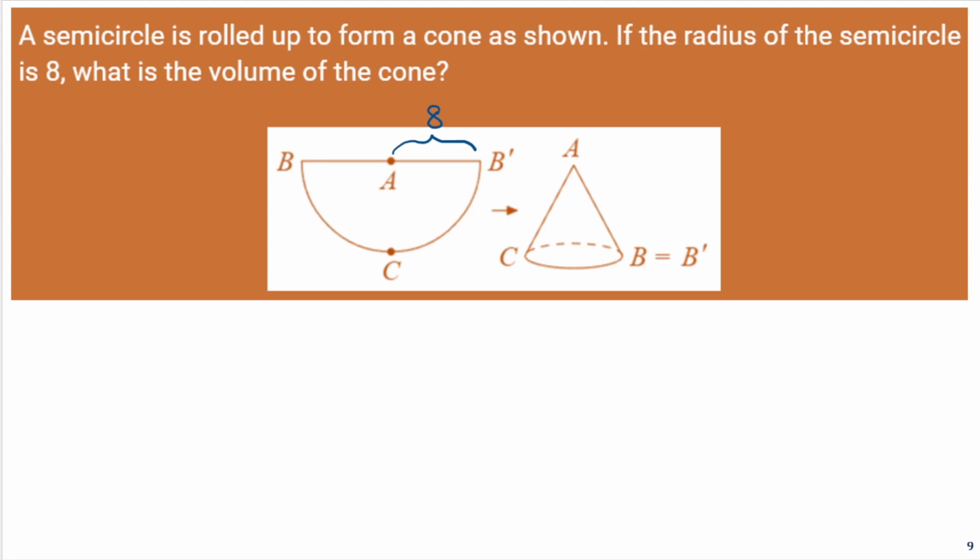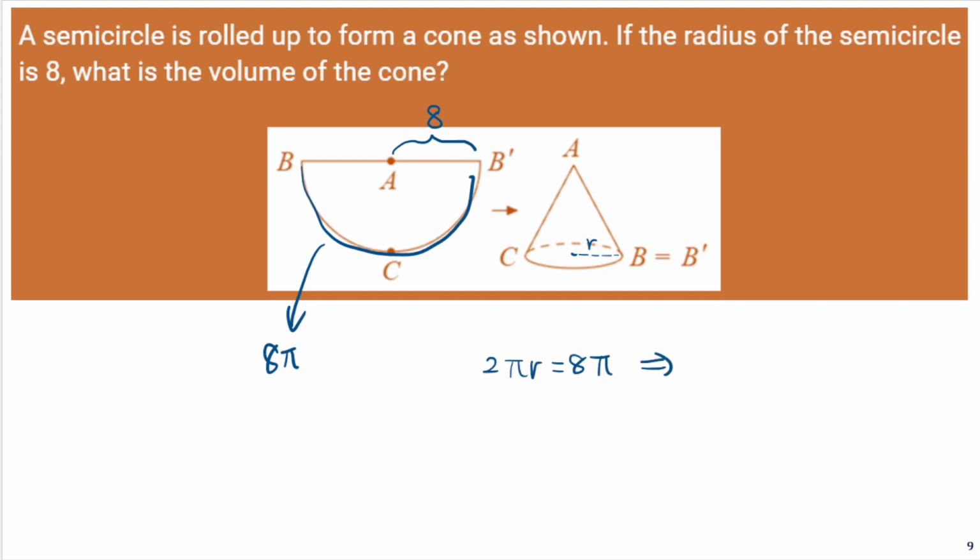When we roll up the semicircle into a cone, the arc BCB prime becomes the circumference of the base of the cone. Since this arc of the semicircle is half the circumference of a circle with radius 8, its length is 8 pi, right? And if we let the radius of the base of the cone be r, then we have 2 pi r equals 8 pi.